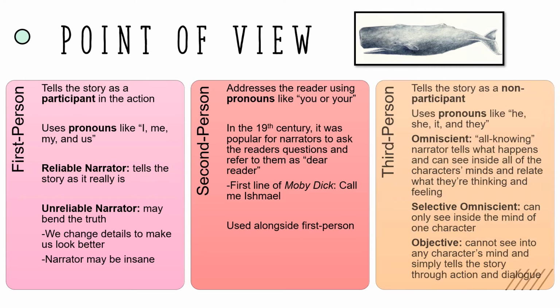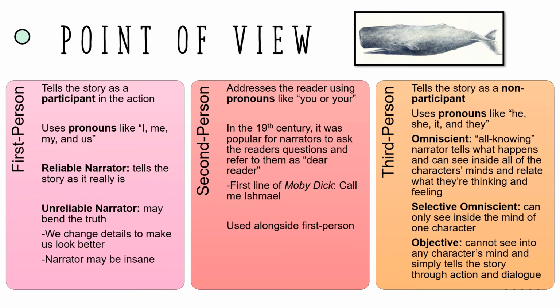Finally, a third-person narrator tells the story as a non-participant, using pronouns like he, she, it, and they to refer to the characters and tell what happens in the story. An omniscient or all-knowing third-person narrator not only tells what happens in the story, but they can also see inside all of the characters' minds and relate what they're thinking and feeling.